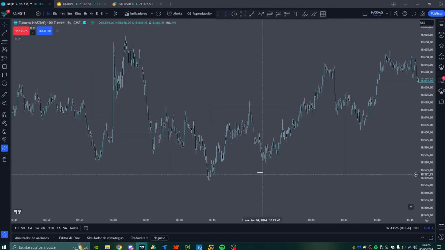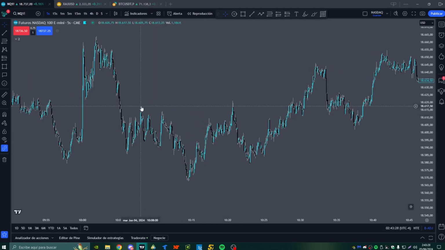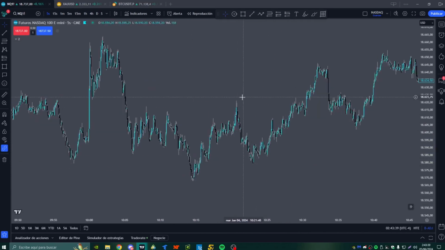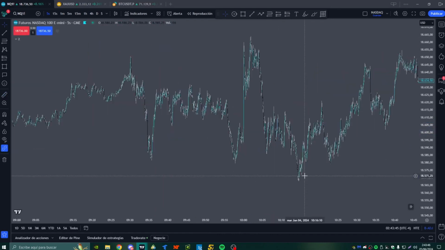Then look here, both in 1 minute and in 5 seconds. It rejected, broke the responsible, and as soon as it broke, the responsible ended. To go this way, I said it went back even to the shift area, gave a reaction, but that only went back to the one responsible here.